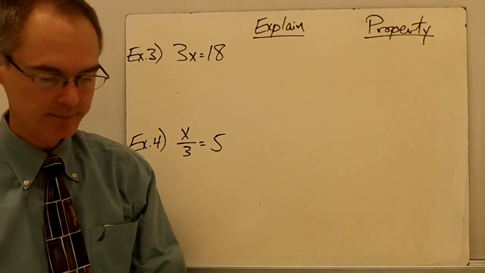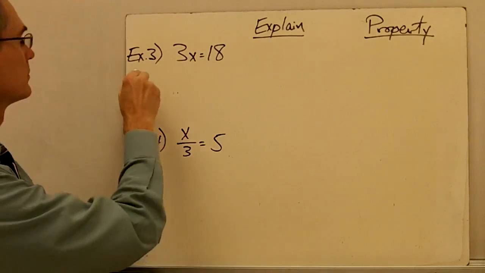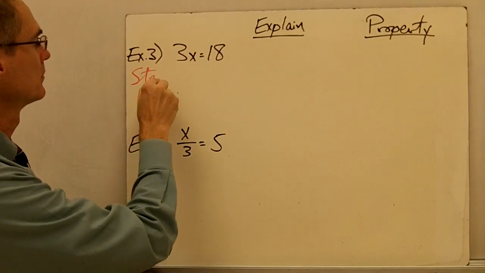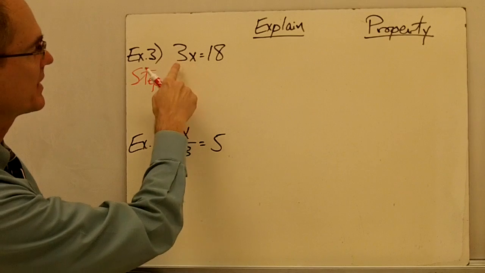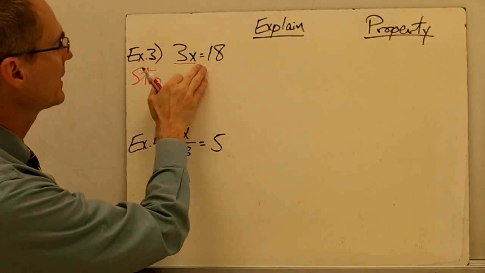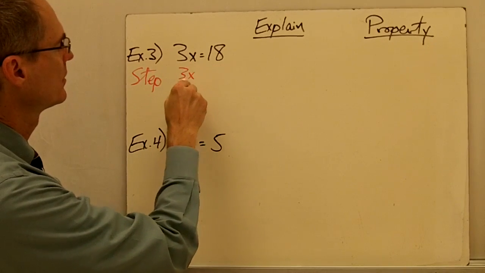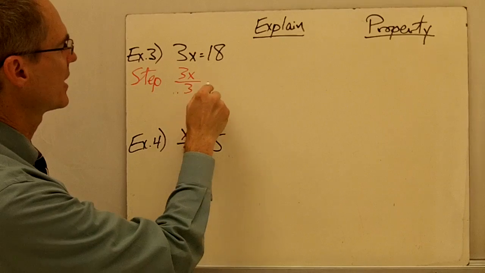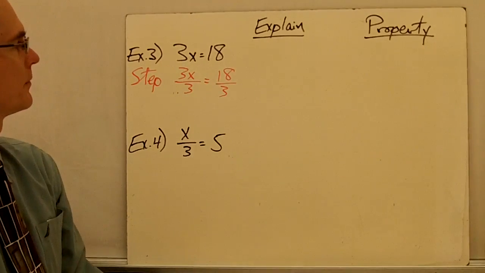Example number 3. Here's another fairly simple equation. The first thing I need to do to get x by itself, since I've got x multiplied by 3, is undo that by dividing both sides by 3. So I'm going to write down 3x divided by 3 equals 18 divided by 3.